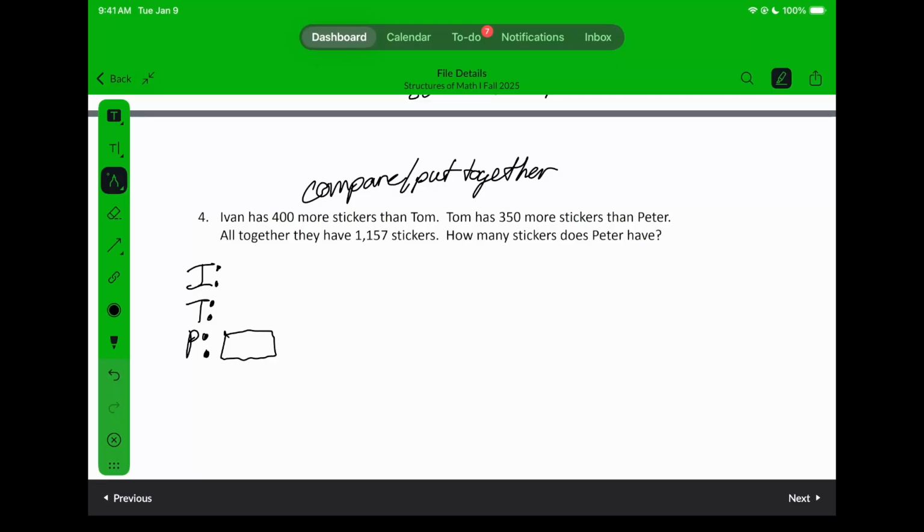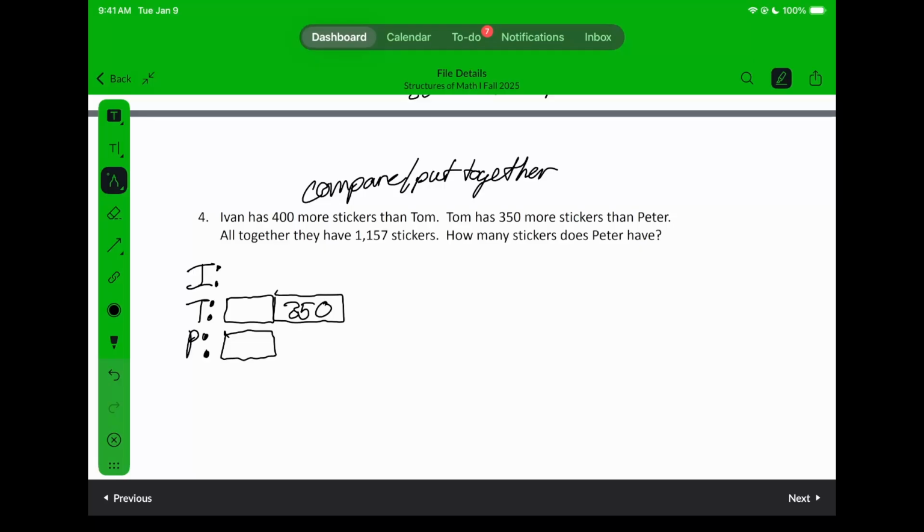Peter has the base amount, the base block. I drew his block first. From here, Tom has Peter's exact amount plus another 350.